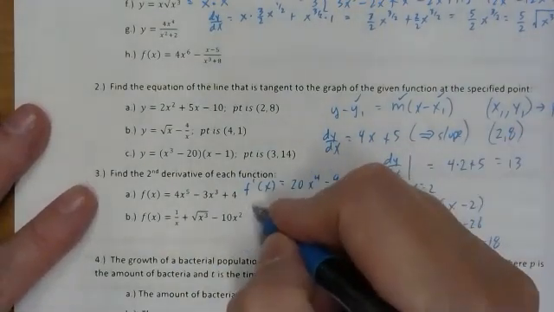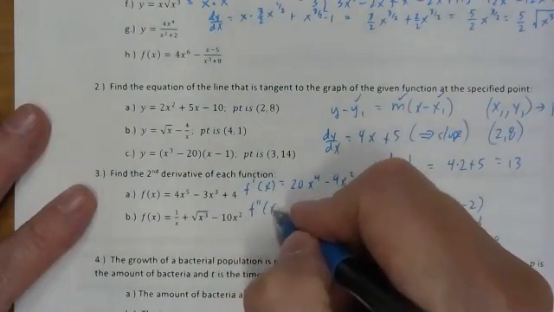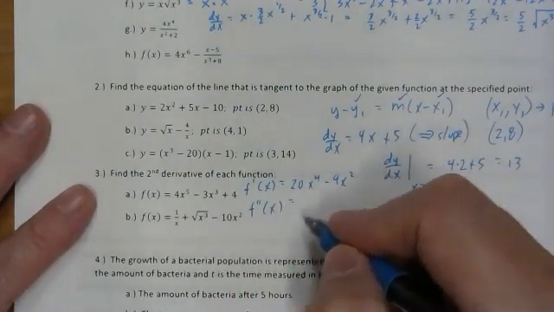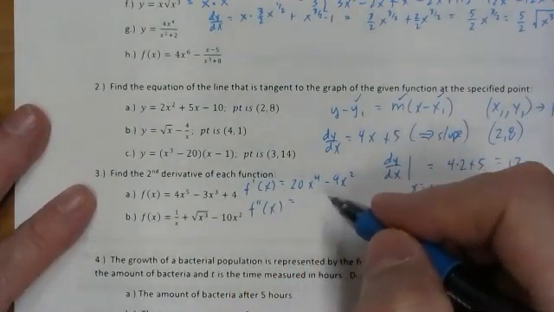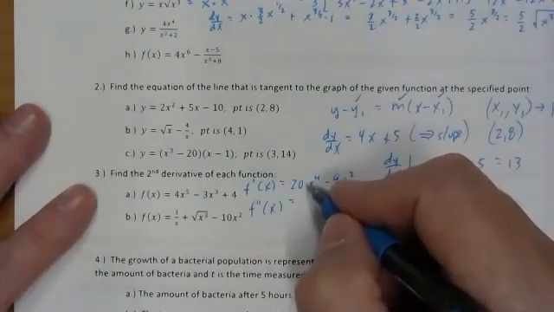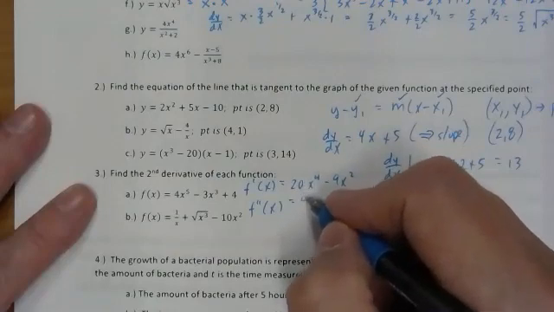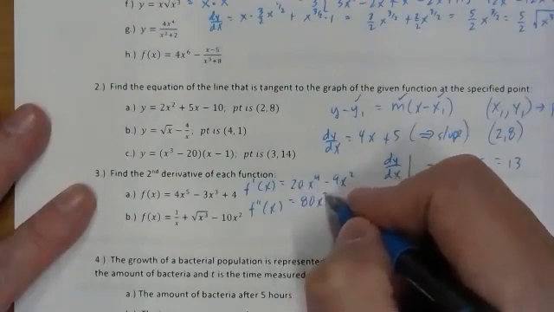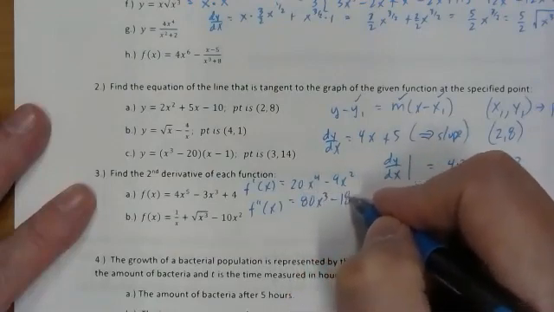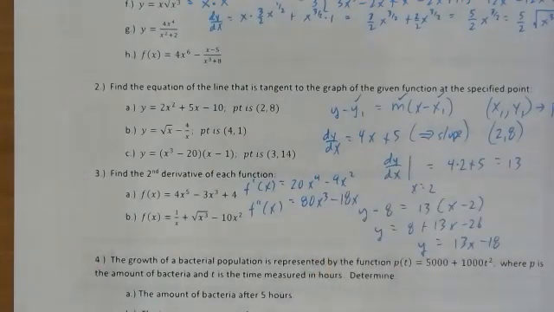So second derivative, you do it again. So bring the 4 down, 4 times 20 is 80x cubed minus 18x. That's correct.